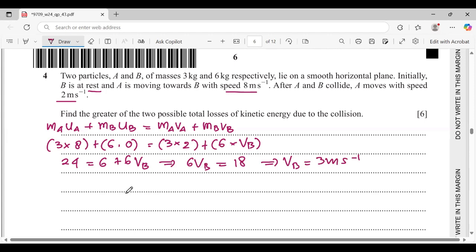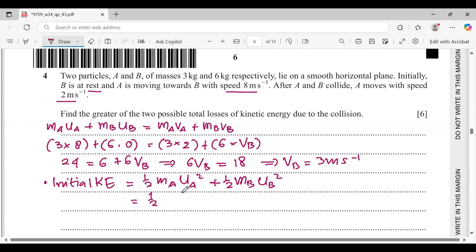18 divided by 6. Now, initial kinetic energy. It is 1/2 times mass of A times the initial velocity of A squared, plus 1/2 times mass of B times the initial velocity of B squared.